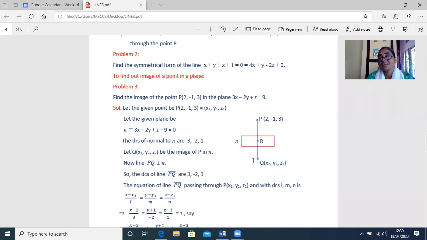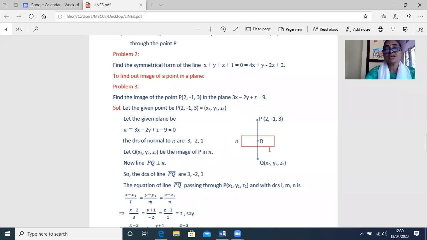Start with the point P as x1, y1, z1, and name the plane as pi. Once you know the equation of the plane, you know 3, minus 2, 1 are the DRs of the normal to the plane. In fact, PQ is normal to the plane pi.